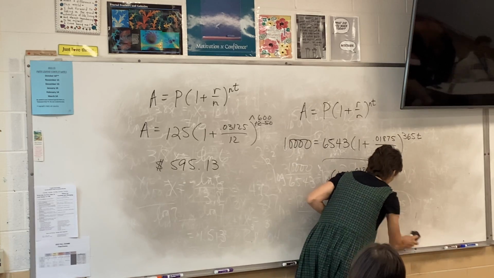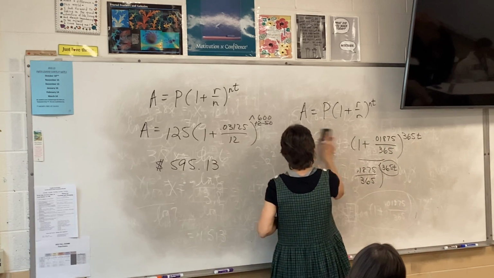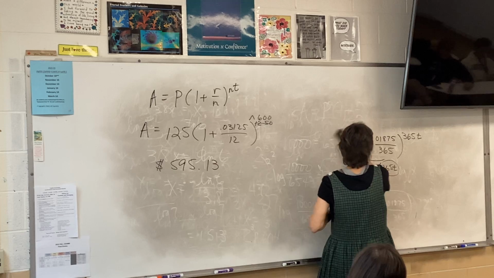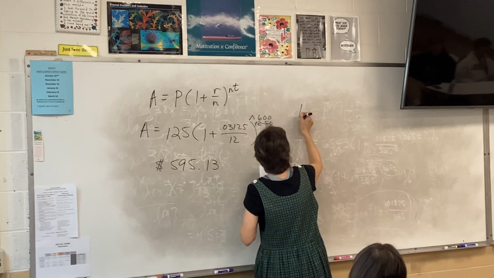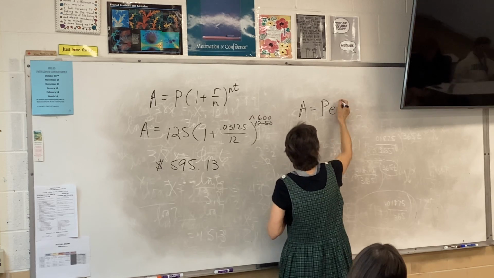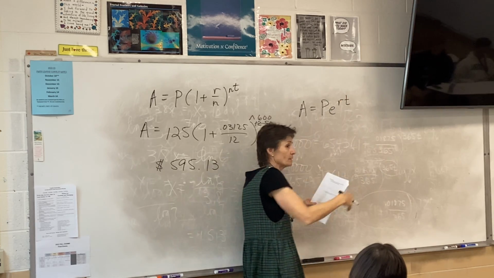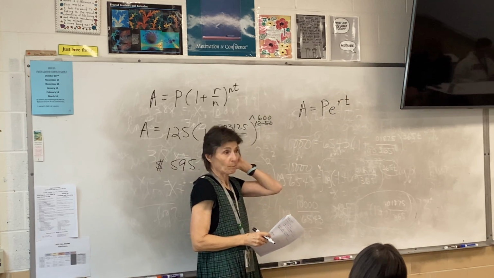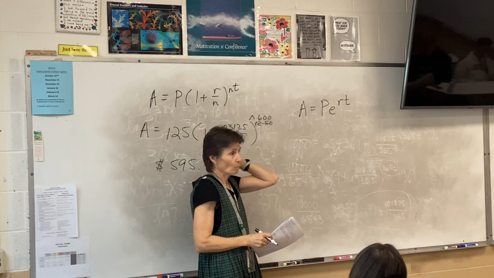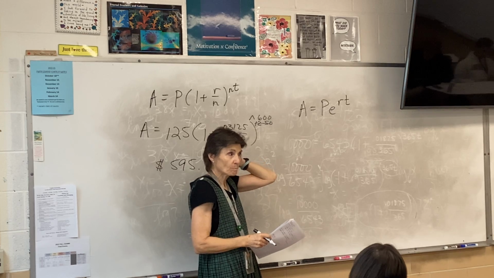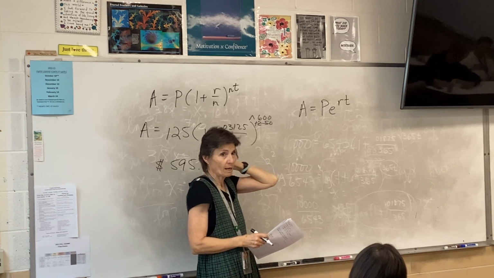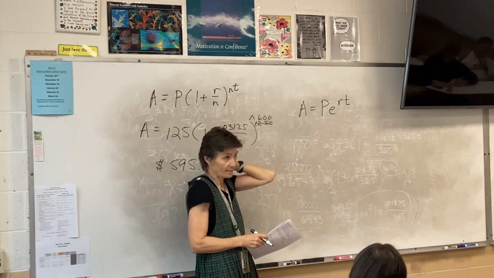PERT. PERT. And we know we need PERT because there's no money involved. Somebody said earlier, we never use PERT for money. We use PERT for money if we are compounding continuously.